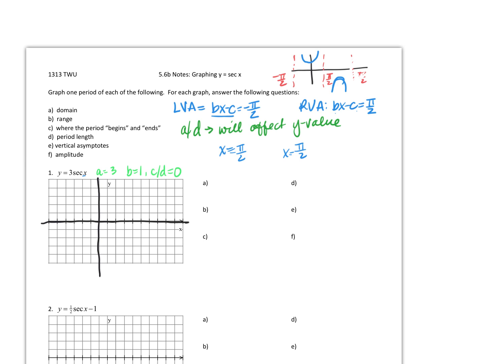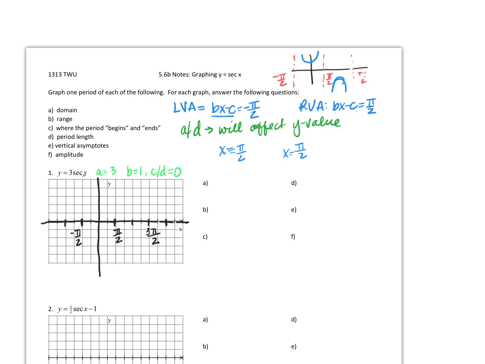And then in my asymptotes, I'm going to put my tick marks where I think it's appropriate. So I'm going to do pi over 2's. Okay. And label. So this is negative pi over 2, pi over 2, pi. This will be 3 pi over 2.